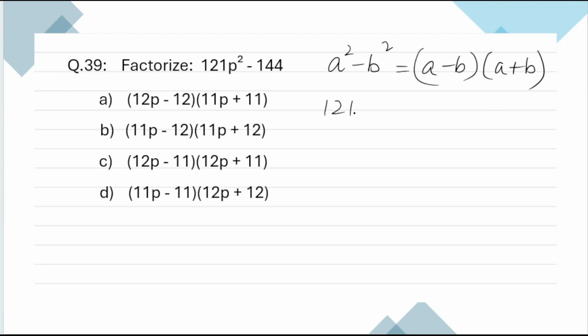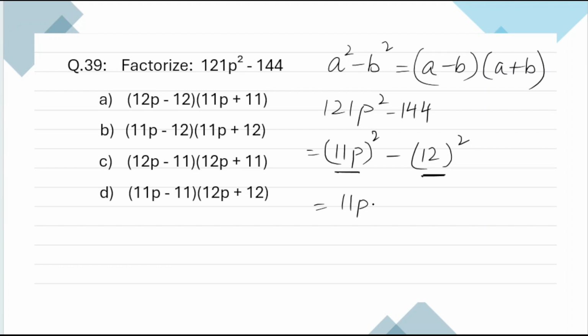So 121p square minus 144. 121 is the perfect square of 11, so I can write it as 11p square. 144 is the perfect square of 12, so I can write it as 12 square. So now this is a square minus b square, so a minus b, a plus b. So option B is the correct answer.